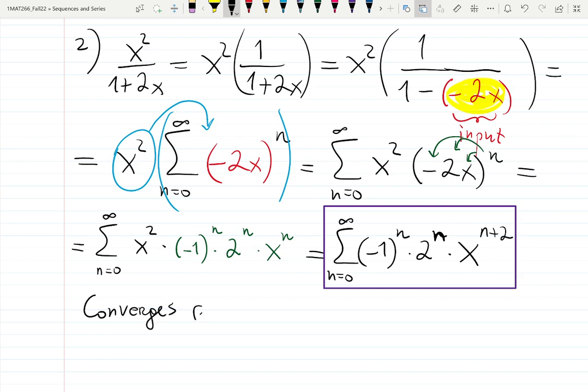The series converges when the absolute value of the input, minus 2x, is less than 1, which is x between minus 1/2 and 1/2. That is my convergence set, with convergence center and radius of convergence.